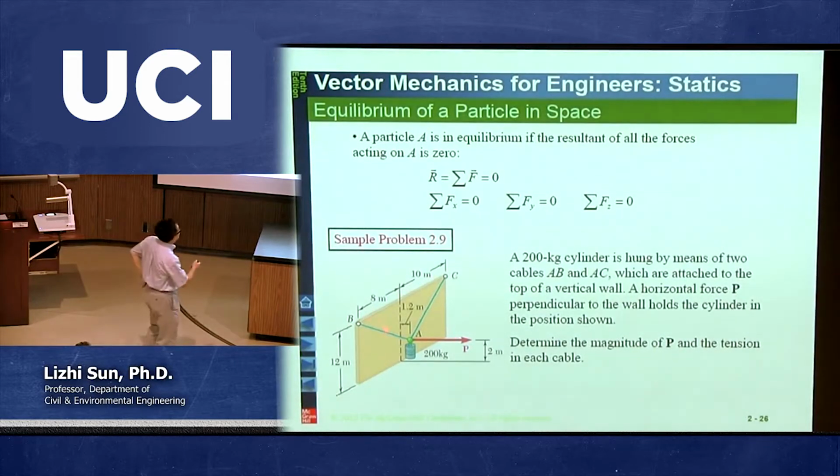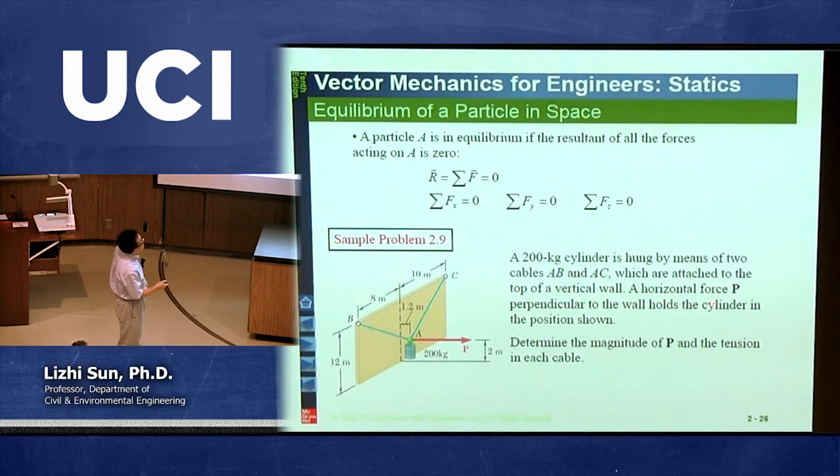Let's look at this example. Obviously this is a three-dimensional setting. There is a 200 kilogram cylinder, this one. So the self-weight is that of a 200 kilogram cylinder. It is hung by means of two cables, cable AB and cable AC, which are attached to this vertical wall.